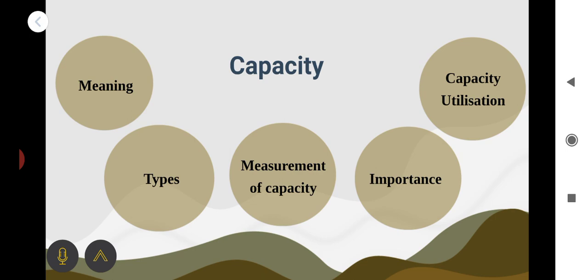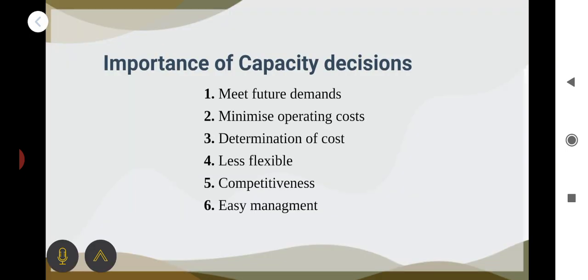Then another important one is the importance of capacity decisions. We are all concerned about our capacity, individual capacity. Please think about it. We are always saying, I have the capacity. That is what we commonly say. What is the importance?